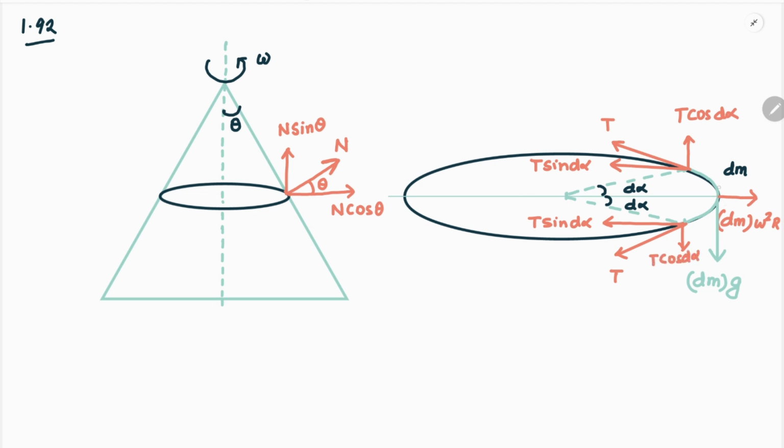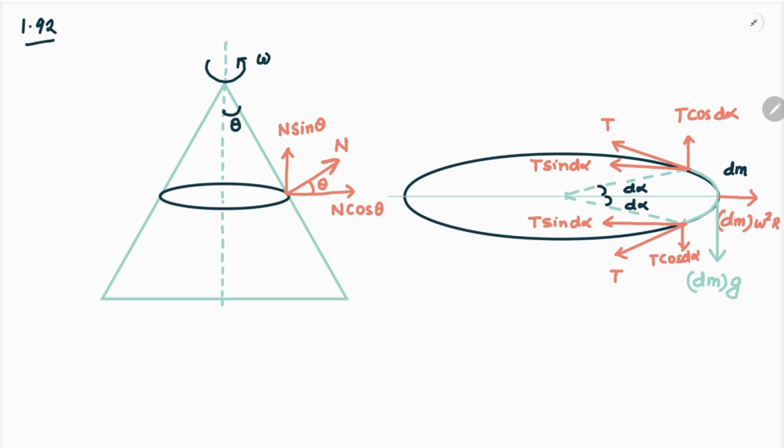This is in the vertically downward direction, and it is not in the plane of the T cos d alpha. This is the weight of the chain which we have considered, dmg in this direction, and all the other forces which we have constructed are in the plane of this ring. So this must be kept in mind.